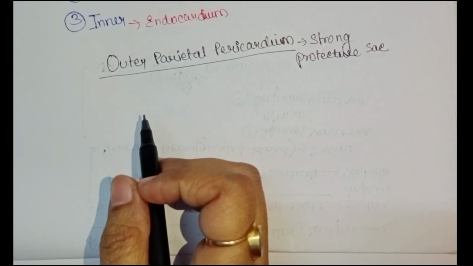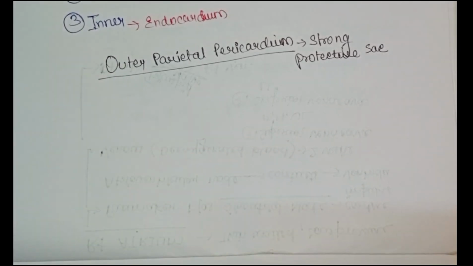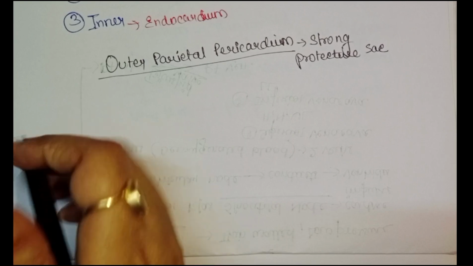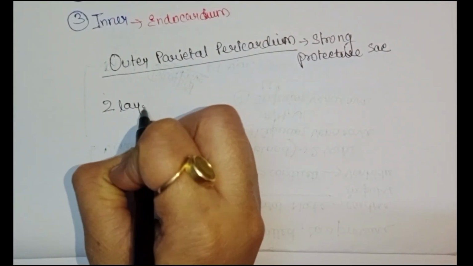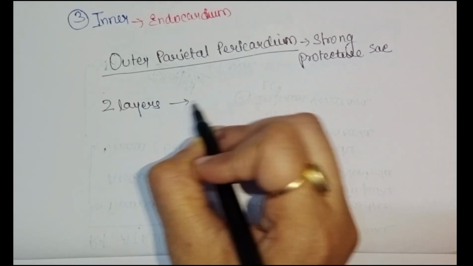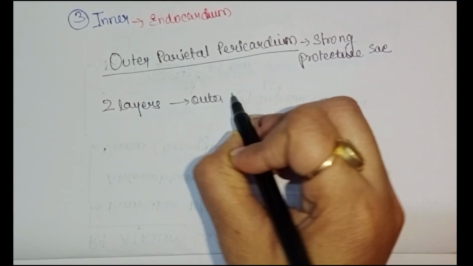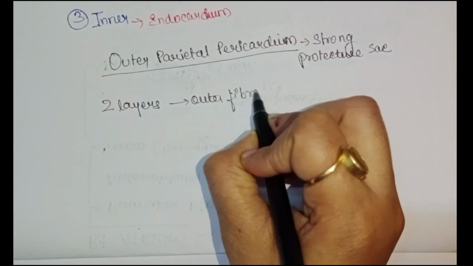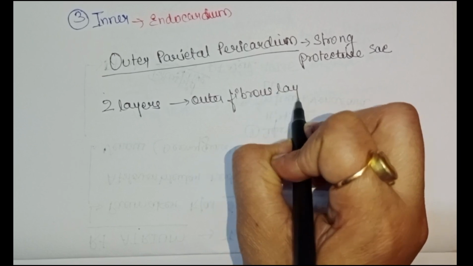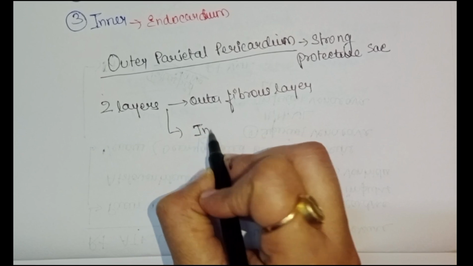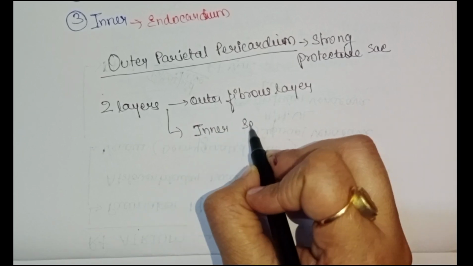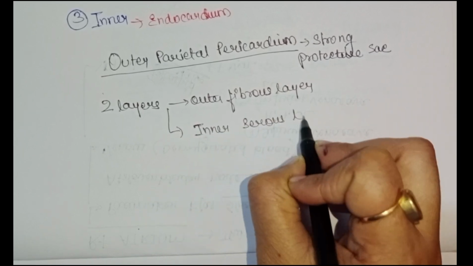It helps to anchor the heart within the mediastinum. It is made up of two layers, that is the outer fibrous layer and the inner serous layer.